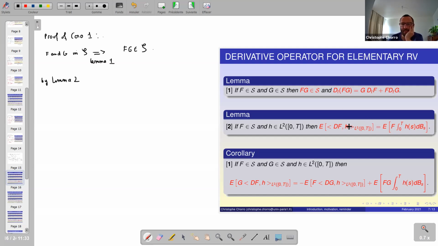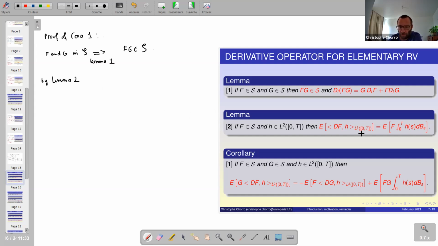My lemma 2, what can I say? I can say that I have this relation here, and this relation is already a kind of integration by part, because you see that here you have a derivative on F that disappears in this expression here, and here you have H, and it makes an integral appear. So making the derivative disappear, you make appear an integral with respect to the Brownian motion.